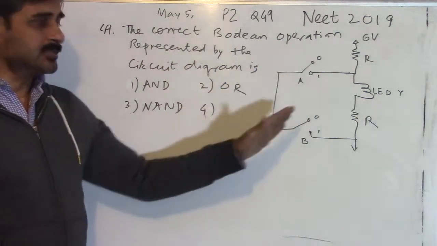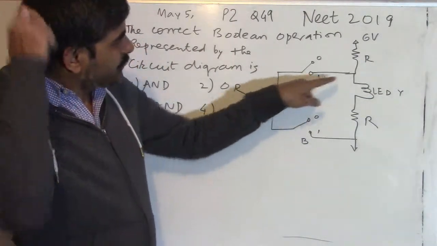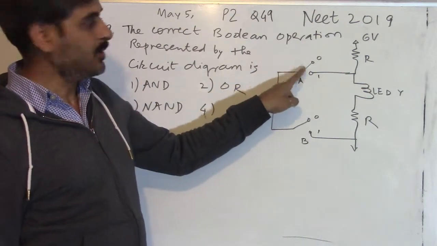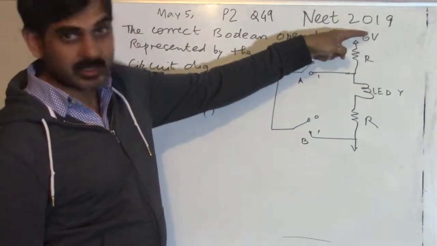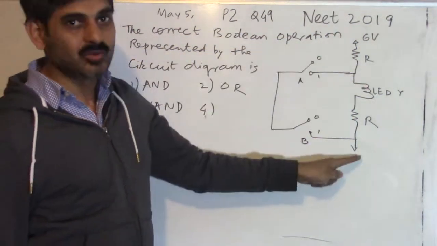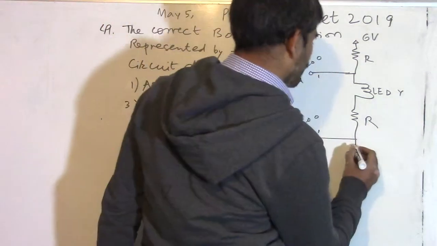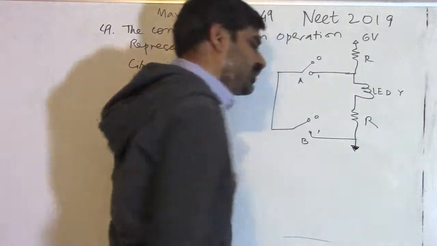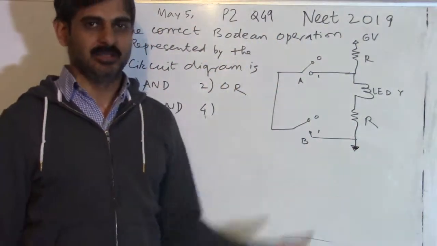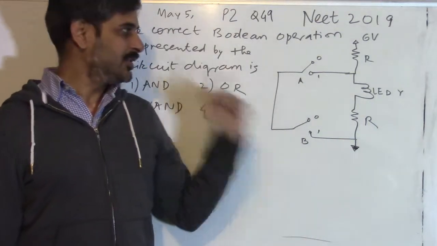But let's consider what is happening in the circuit. Let's say if this circuit is open, that means the current starts flowing from the 6 volt to this resistor, through this LED and through this R, and this is ground. This ground thing could be a new thing for you. It looks like this question is prepared by an electronics engineer, someone sitting in an electrical or electronic department of an engineering college.